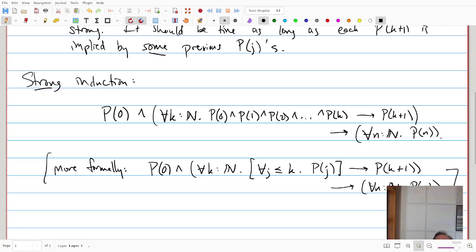I'm just writing that down here for completeness, but it can be a little confusing thinking about these nested for alls. Really, you can think of it like this.